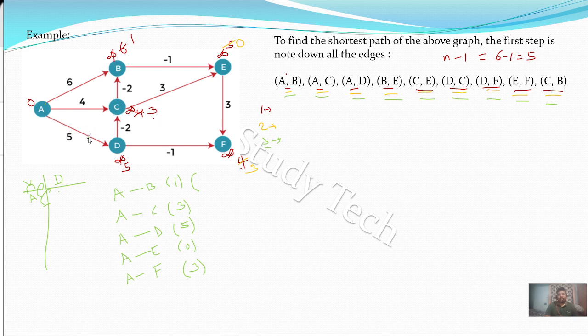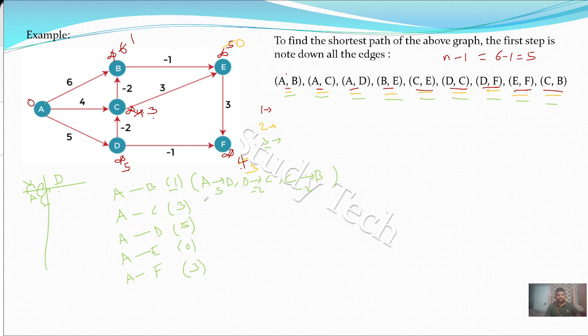Here it is 5 minus 2, so that is equal to A to D, and D to C, and C to B. So A to D is 5, D to C is minus 2, C to B is also minus 2. So here you can add it: 5 minus 2, that is equal to 1.